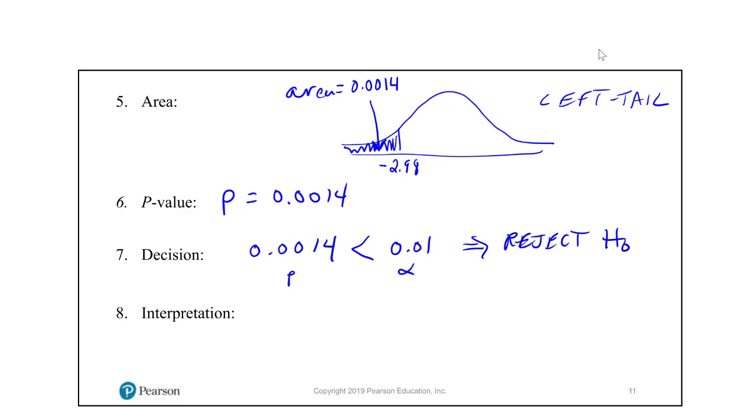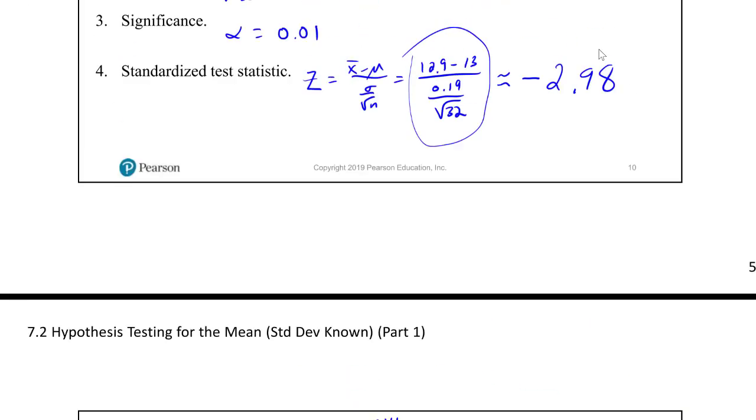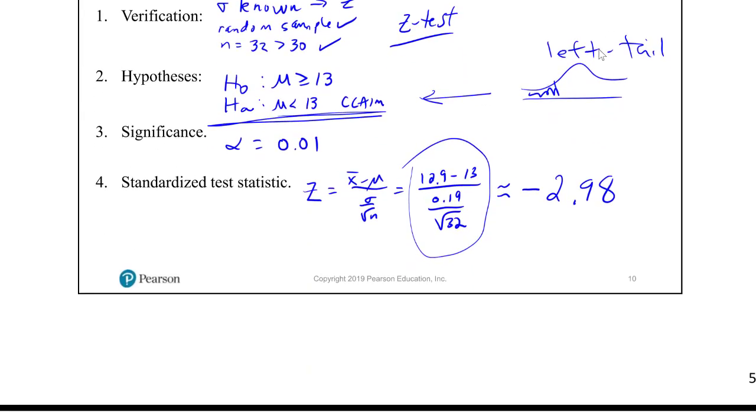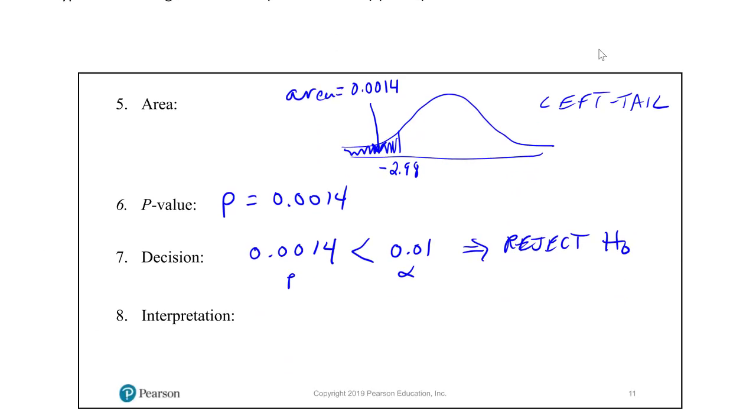Okay, now I have to go back. In order to interpret this, I have to decide, am I in a rejection mode or support mode? That depends on where my claim was. My claim was in the alternative. Claim being in the alternative means I'm in the support mode.